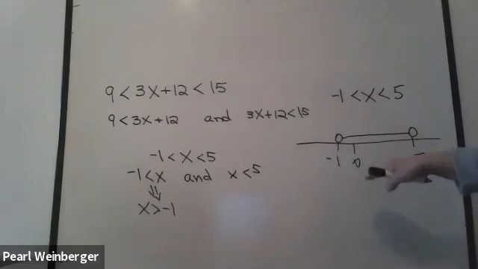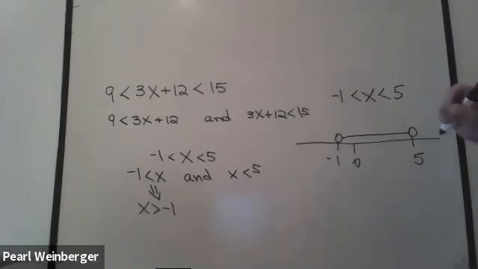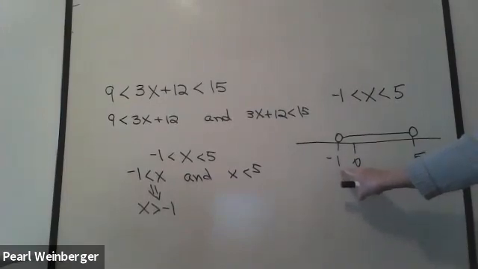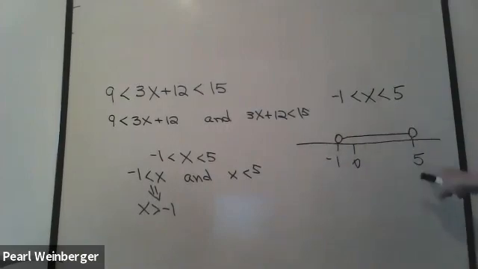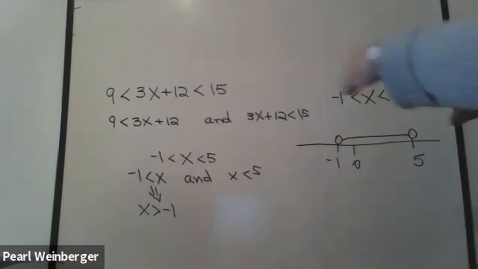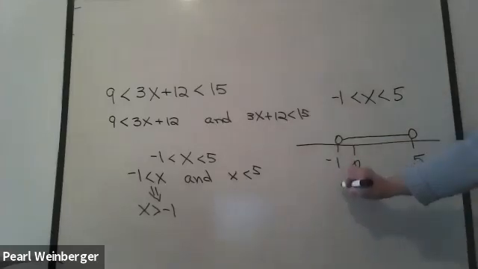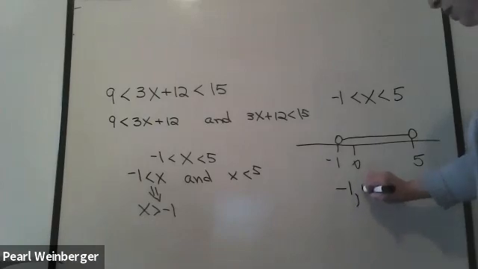Not only that, I can write this in interval notation. The interval we're interested in starts on the left at -1 and ends at 5. This interval doesn't go all the way to infinity. Here's my interval. My starting point is -1. My ending point is 5.